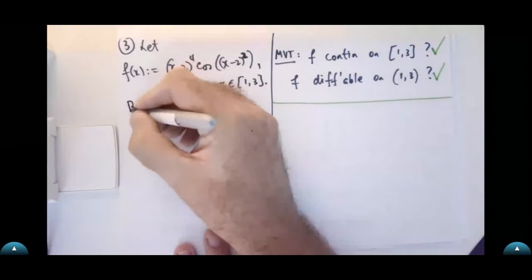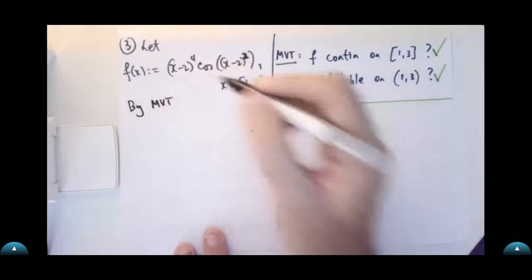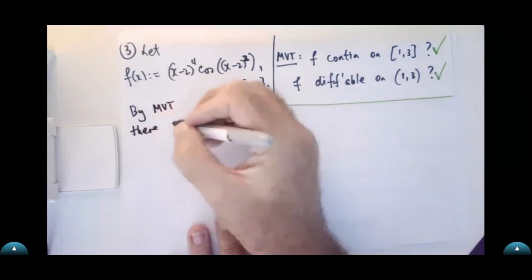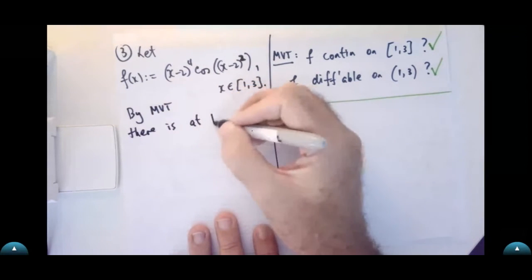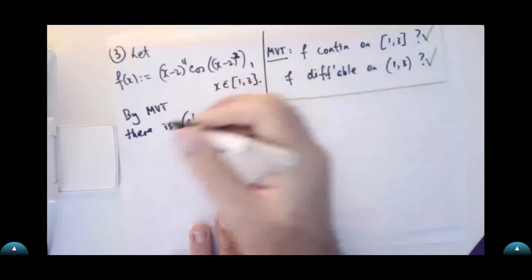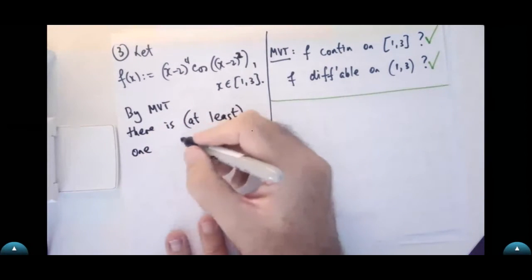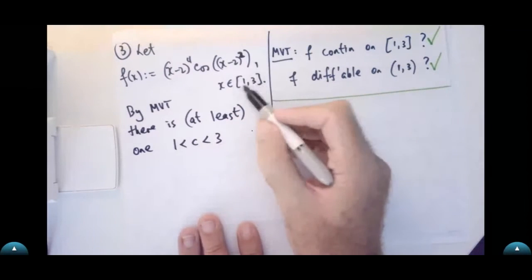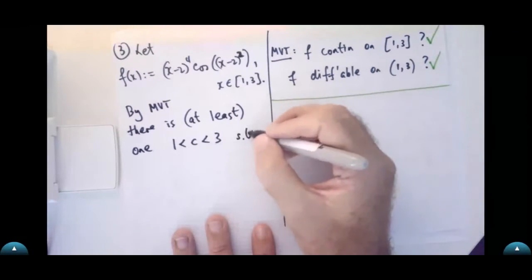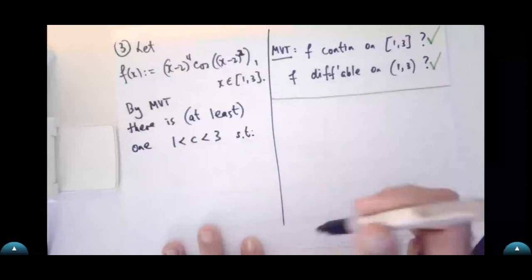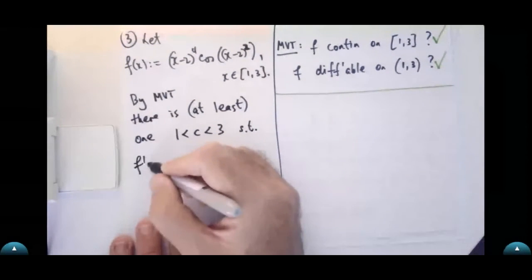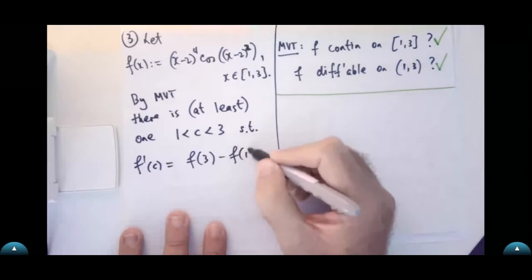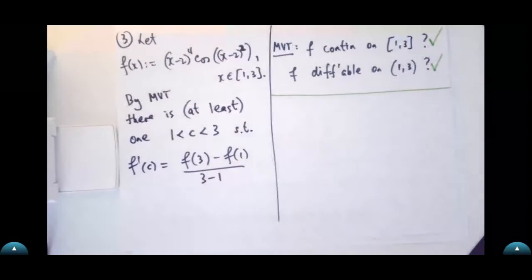So let's do it. By the MVT, there is at least one c between these points such that, so the ST stands for such that, okay.